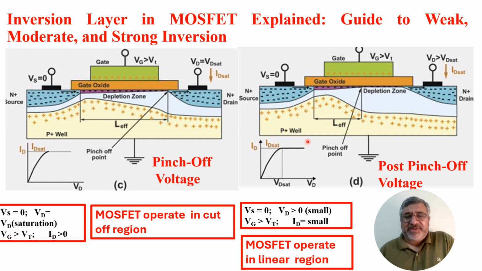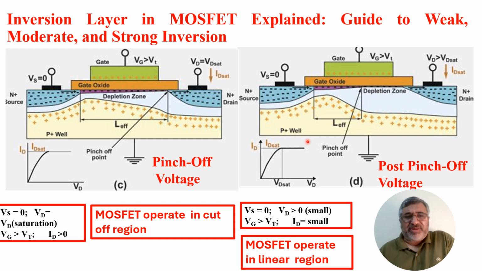This relationship in saturation mode can be defined by a mathematical equation, in a very simple way: ID is equal to mu n Cox, which is the capacitance of the oxide, multiplied by W over L, multiplied by (VGS minus VT) squared, where W is the channel width, L is the channel length, and mu n is the electron mobility, because our channel is an N-type channel and our MOSFET is an NMOS.